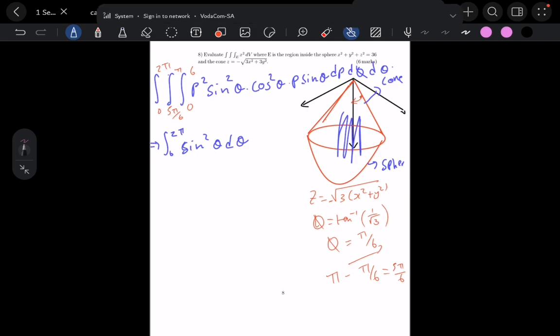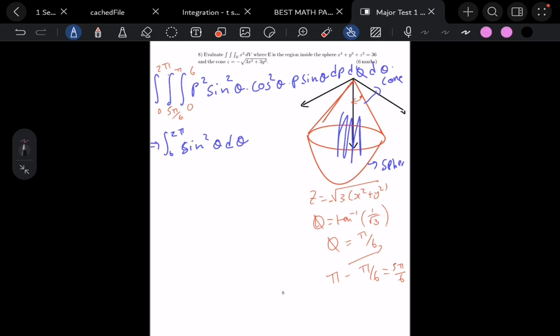If you do it in a calculator, just remember that when you are writing it down, you need to change it to 1 over 2 in bracket 1 minus cos 2 theta. This is integrable. What do you get here? You get pi as your answer.